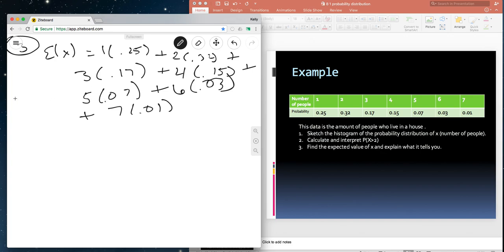I would do parentheses 5 times 0.07, and that's how I'm actually typing it in my calculator. And then the plus sign is outside the parentheses. And almost done. Alright, and I get 2.6.